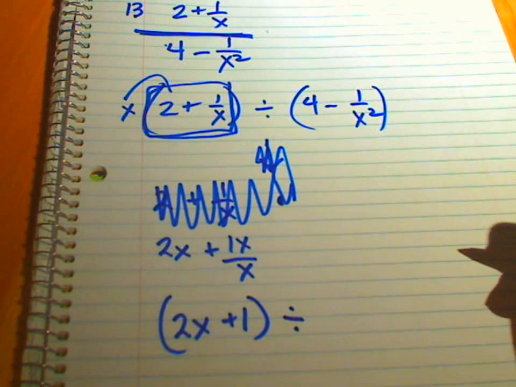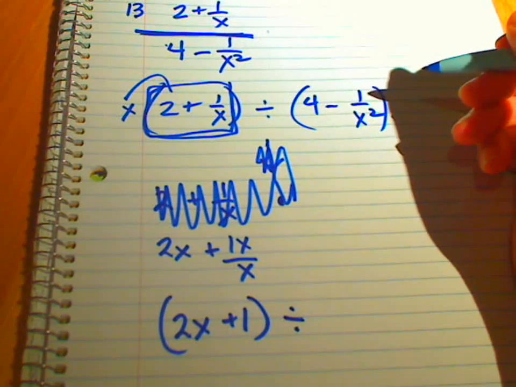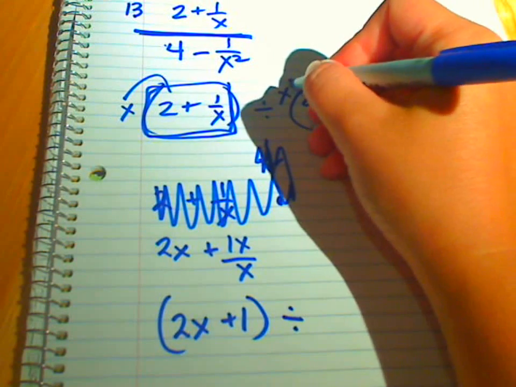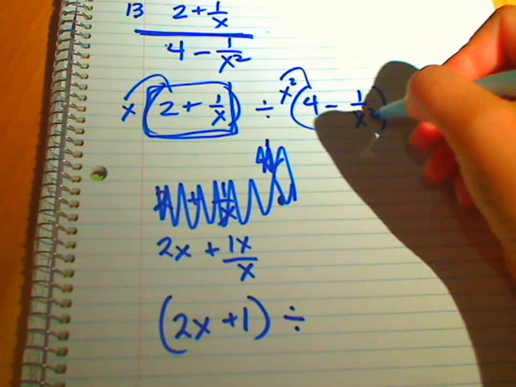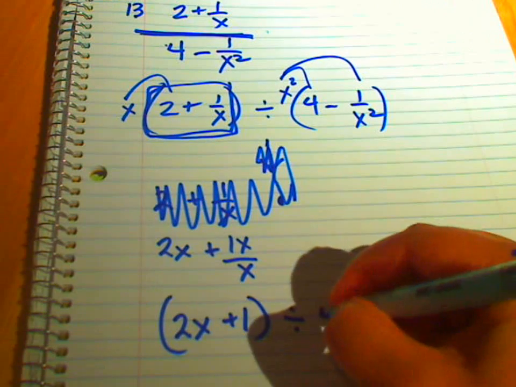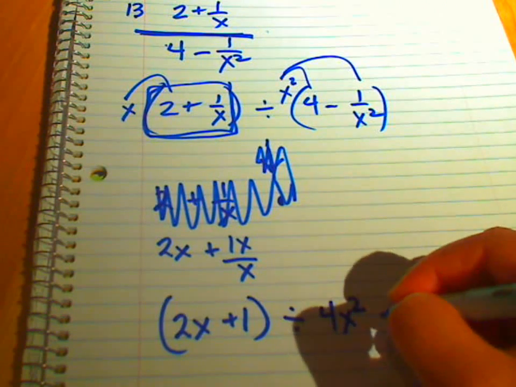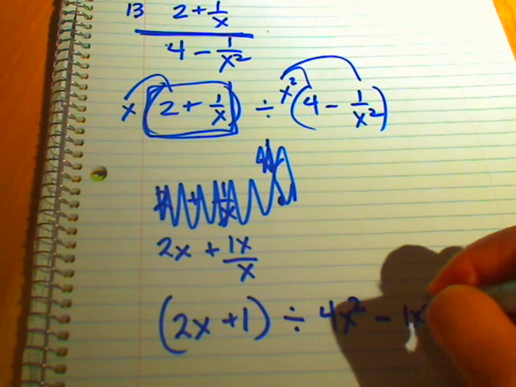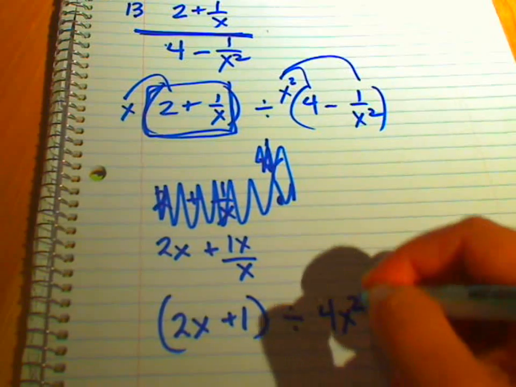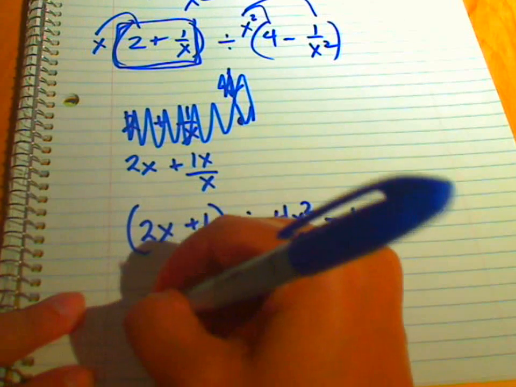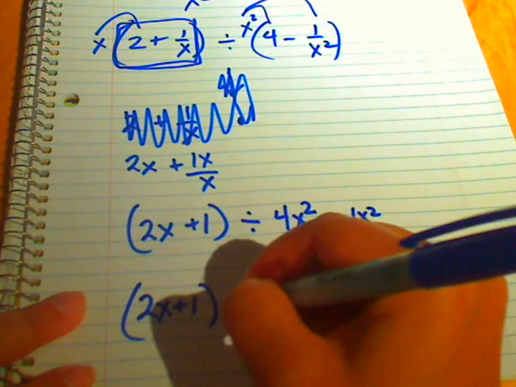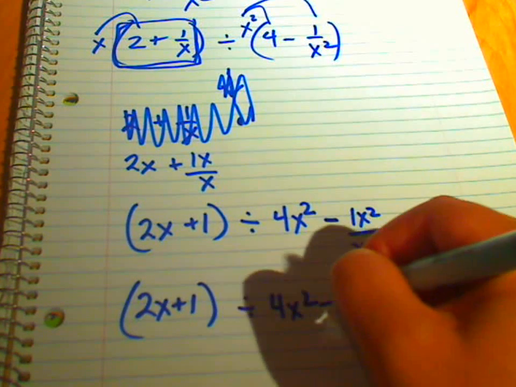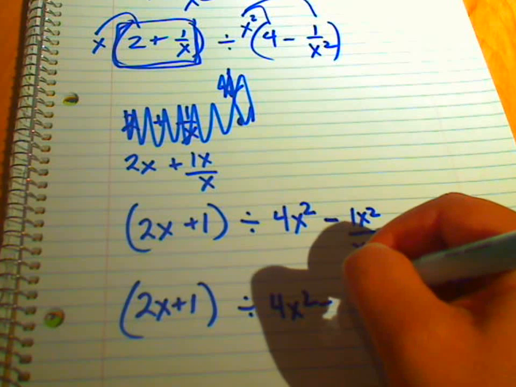Divided by, now this one, I'm going to take and multiply everything through by x squared, because that's how I will get rid of that fraction. So I have 4x squared minus 1x squared over x squared, whoopsie, 2x plus 1, divided by 4x squared minus 1.